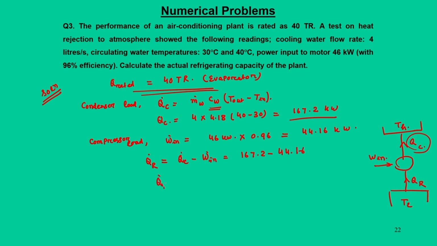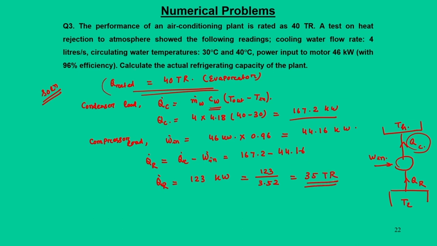So, Q dot R, the actual refrigeration load, becomes 123.3 kilowatt. If you convert it to ton, then 123 divided by 3.52 is about 35 ton of refrigerant.